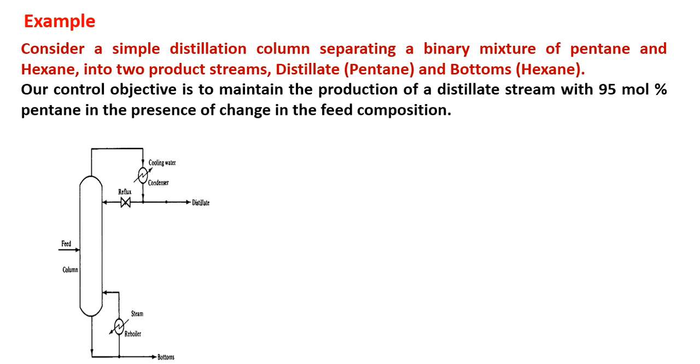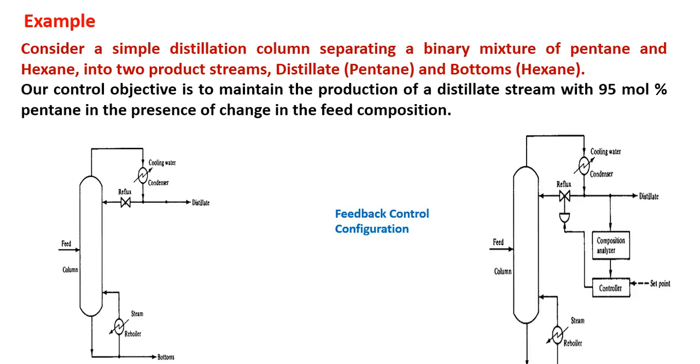Now the first controller configuration which we have applied on the system is the feedback. Let's analyze how the feedback controller configuration works. Our controller objective is we need a distillate of 95% pentane, right? So we measure the concentration of distillate with the help of a composition analyzer.